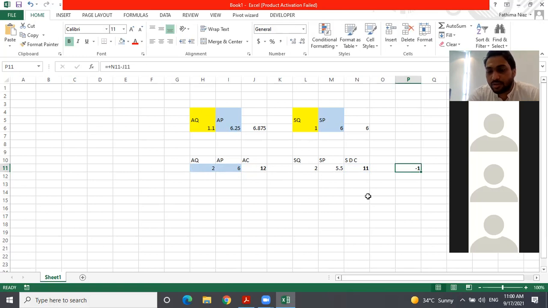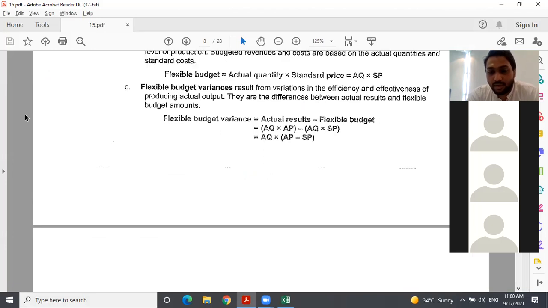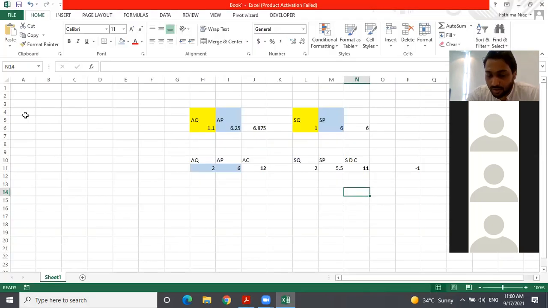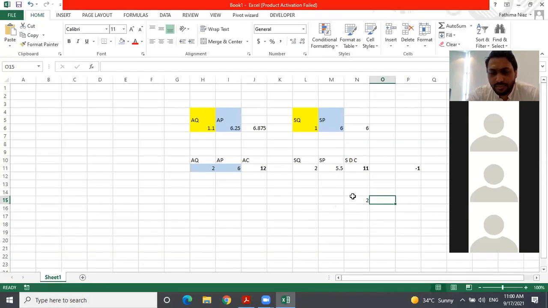If you want to find the cause, you will check both cases, whether I have a flexible budget variance or a volume variance. If I gave you only these two data points, how would you find it? To find the cause of the variance, you will take actual quantity into actual price minus standard price.